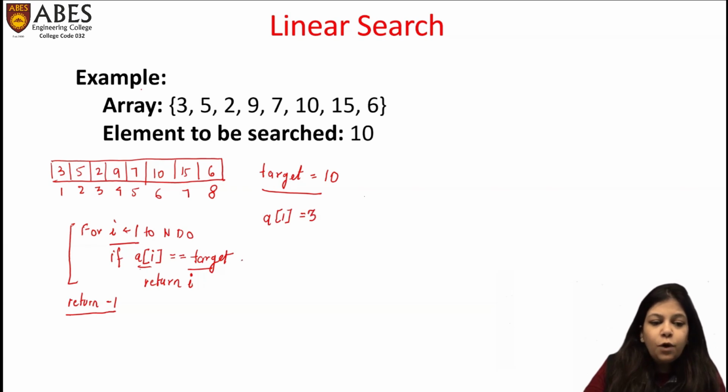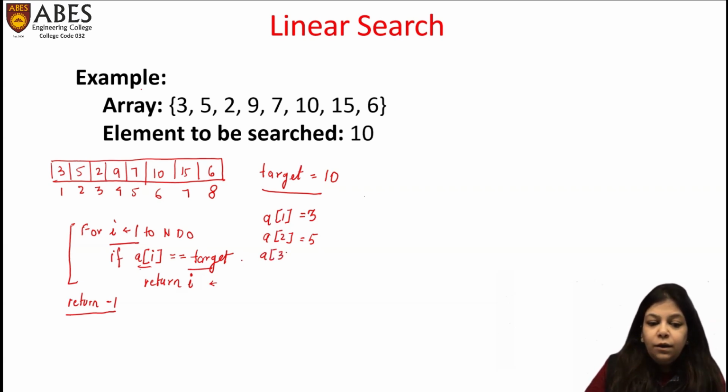So the condition will be false and we will not go inside this conditional statement. Rather, we will go on to the next iteration of the for loop and the value of I will become 2. The value of A2 here is 5. Again, this is not equal to target.